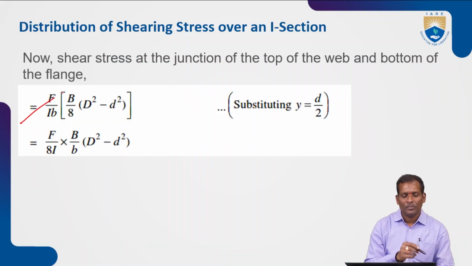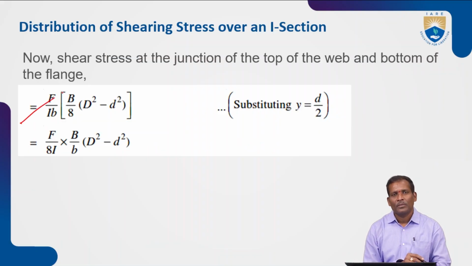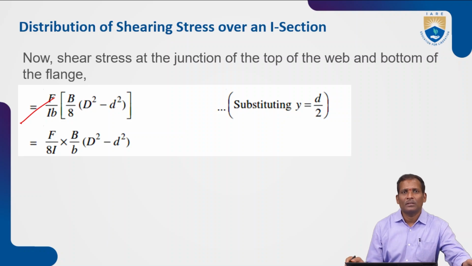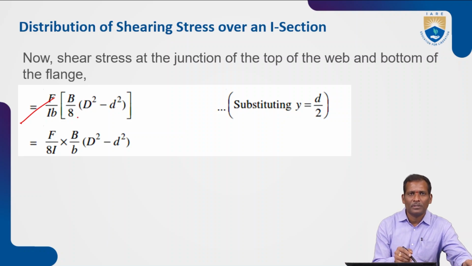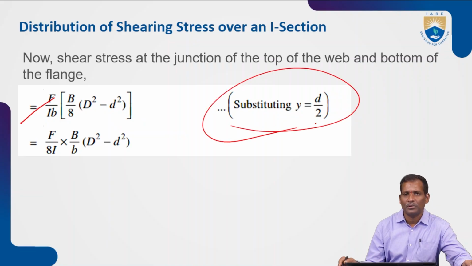So F by I b, we multiply with capital B by 8 into D square minus d square, substituting y is equal to d by 2.